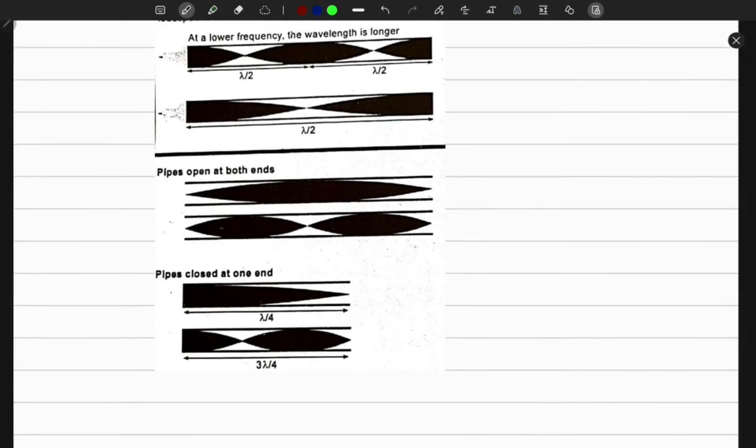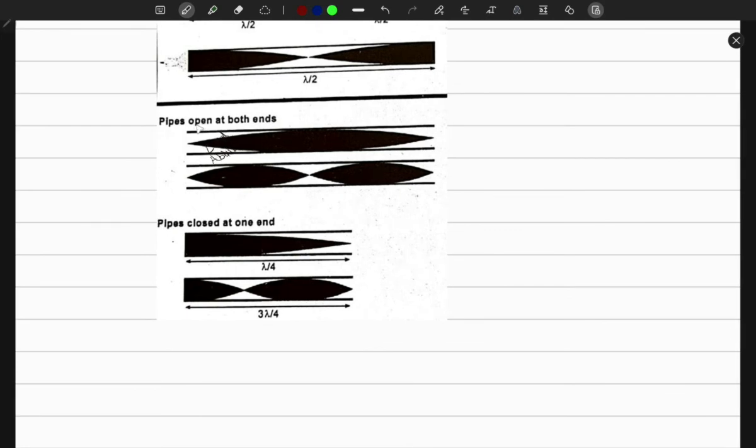Right. So with that, you can also look at this one, where we have a pipe which is open at both ends. In this case, sound can be reflected from an open end as well as from the closed end. If you see this open-ended pipe, we have the nodes being formed at these ends.